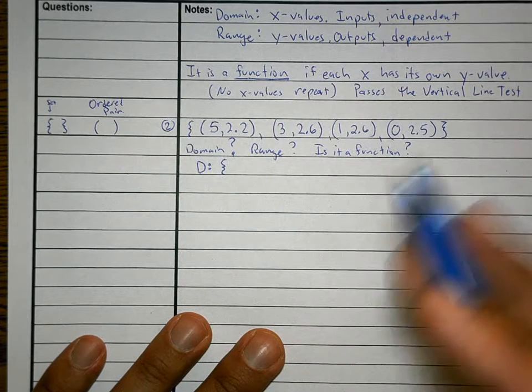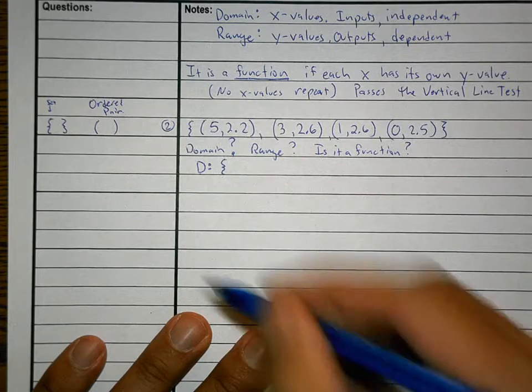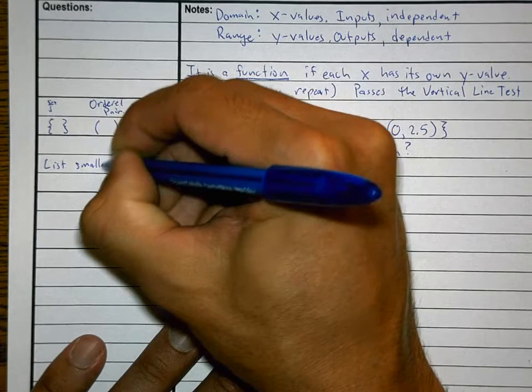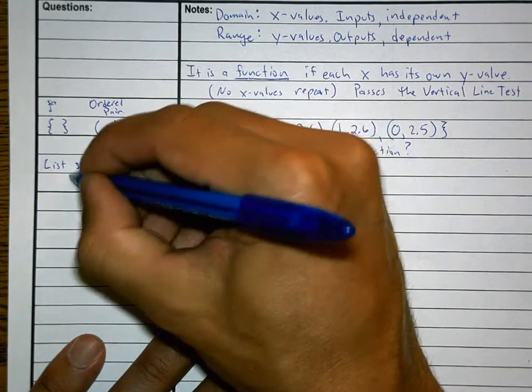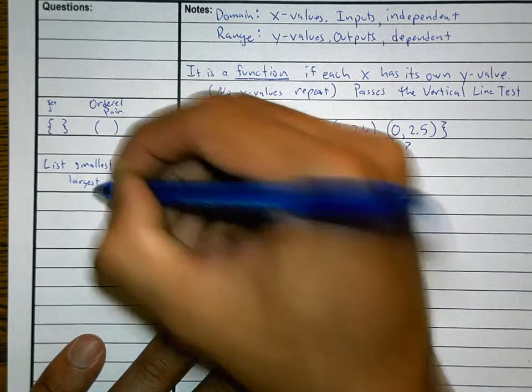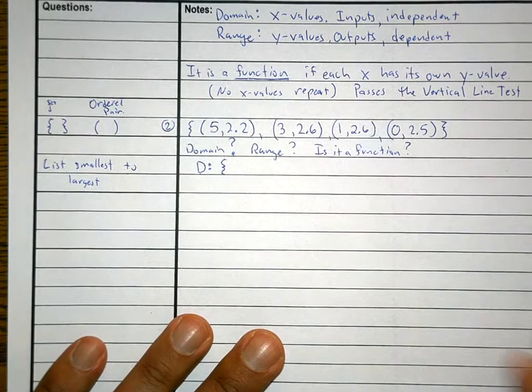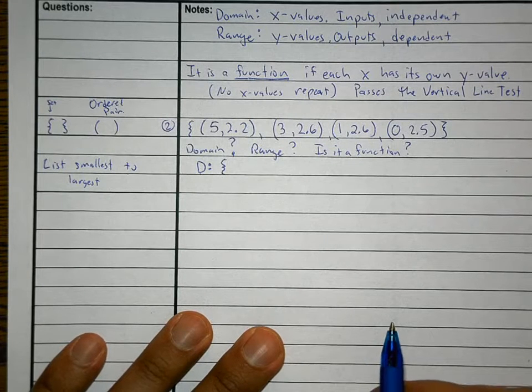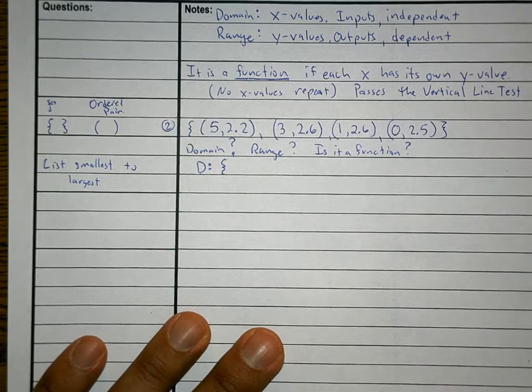I always want you to start off with the smallest number and list smallest to largest, because that's how it is on the SATs. And I do want you all to go off to college someday. On those types of tests, they are always listed from smallest to largest. On the SBAC test, they should be listed from smallest to largest. So I want you to get used to writing things down smallest to largest.